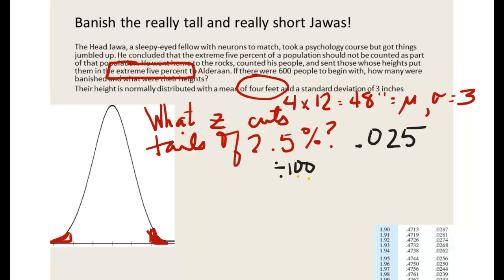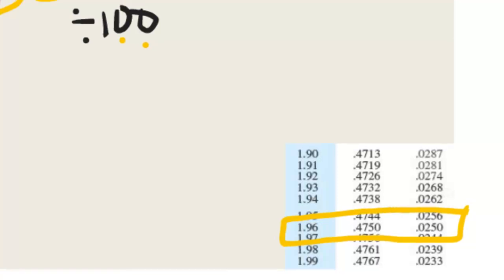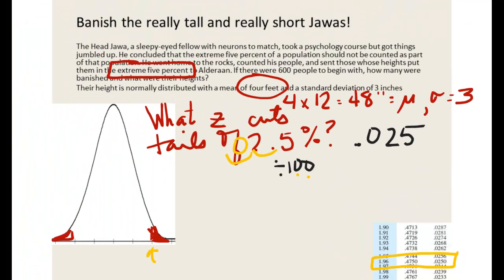Remember, all we do there is divide by 100 to take it out of a percent and into a proportion, just like we multiply by 100 to go from a proportion to a percent. So we're looking for the tail column that has a 0.0250 proportion, and that corresponds to a z-score of 1.96.